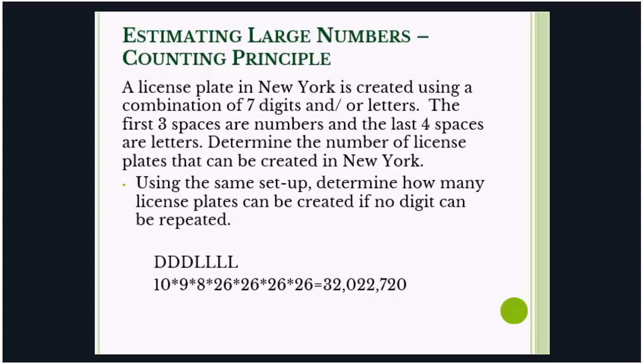The exception here though now is that your digits, there are 10 possibilities for the first digit, but since we can't do any repeats, that's going to give me 9 possibilities for the second digit and 8 possibilities for the third digit. My letters still will be letter, letter, letter, letter. So that's 332,022,720 possibilities.